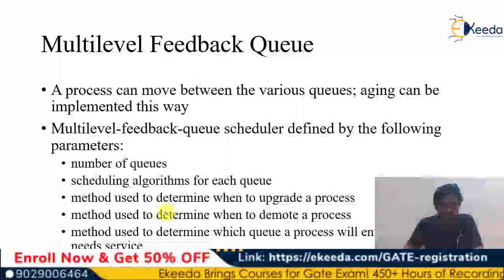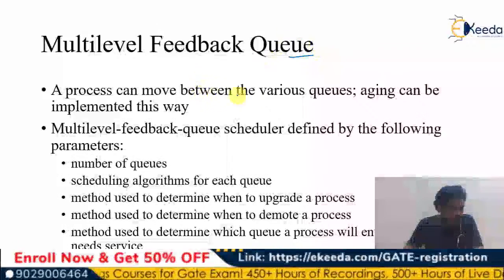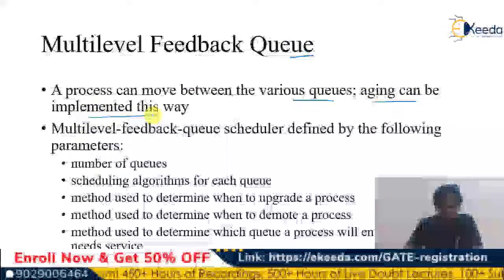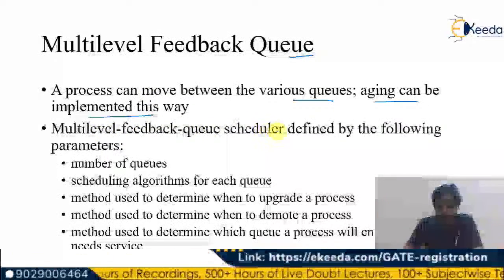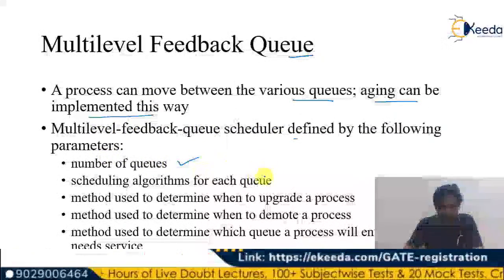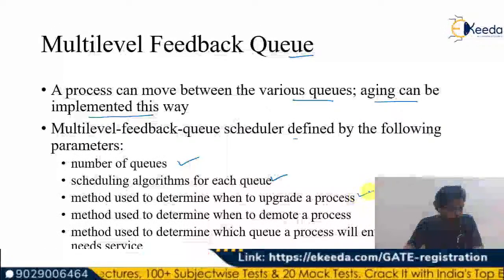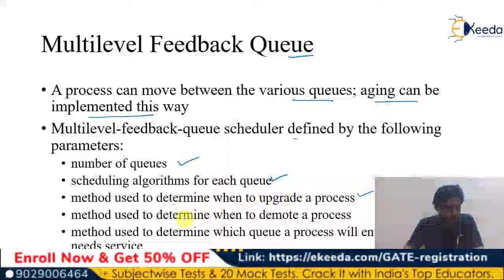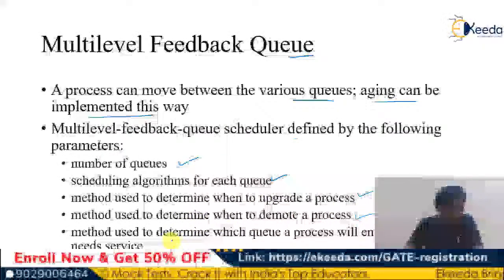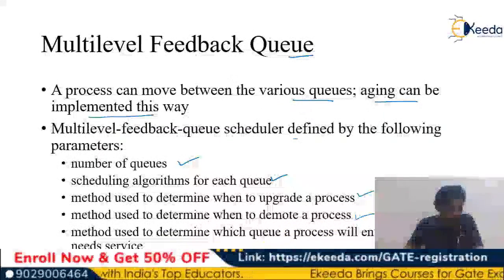This situation can be improved a little by the multi-level feedback queue, where the process can move between the various queues, and aging can be implemented in this way. A multi-level feedback queue scheduler is defined by the following parameters: the number of queues, the scheduling algorithm for each queue, the method to determine when to upgrade a process from one queue to another, the method to determine when to demote a process from one queue to another, and the method to determine which queue a process will enter when it needs service.